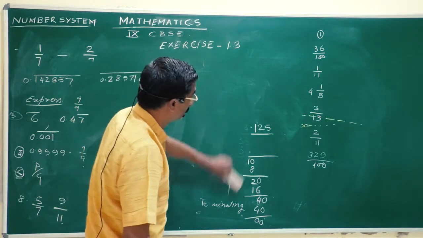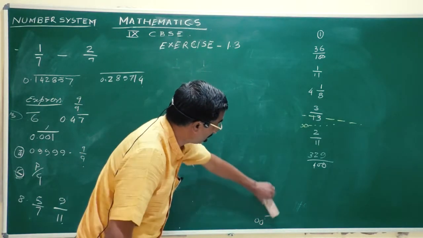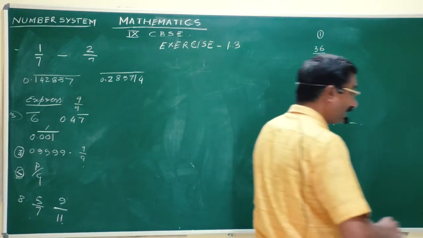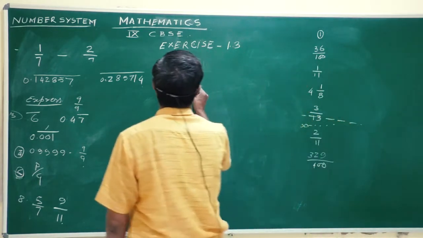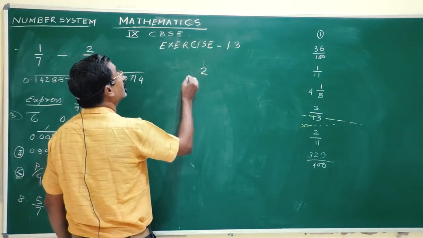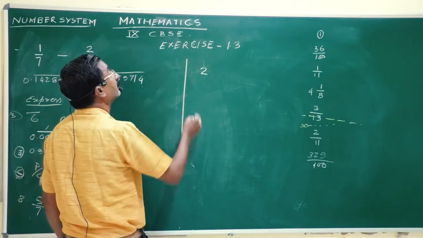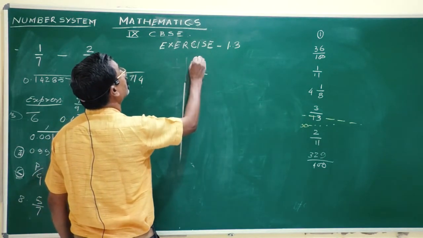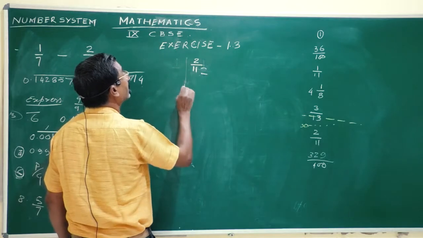Next one is 3 by 13. I think that you can solve 3 by 13. I will take 2 by 11. That is 2 by 11.